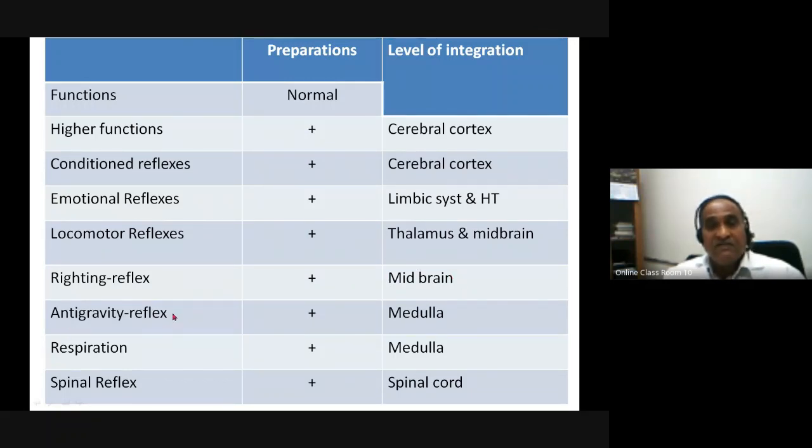The anti-gravity reflexes, with the otolith organs, the proprioceptive components, and the cerebellum, are processed in the medulla. Respiration is the pontomedullary component, in the medulla. The spinal reflexes are concentrated only at the spinal level. So this side tells where the centers are located and what those preparations are. In a normal individual, all are present.